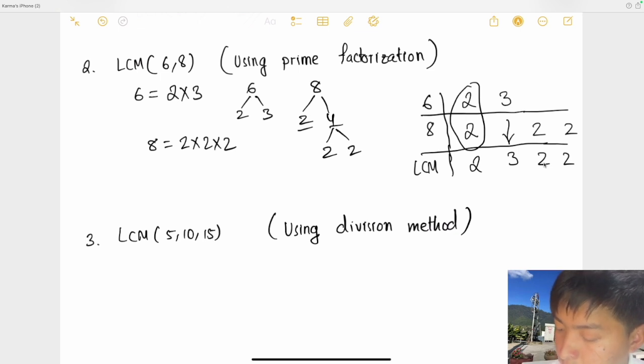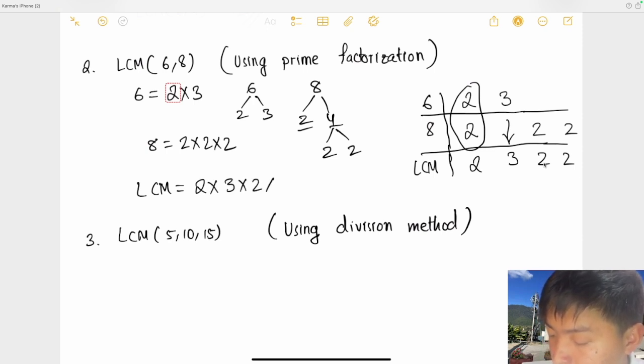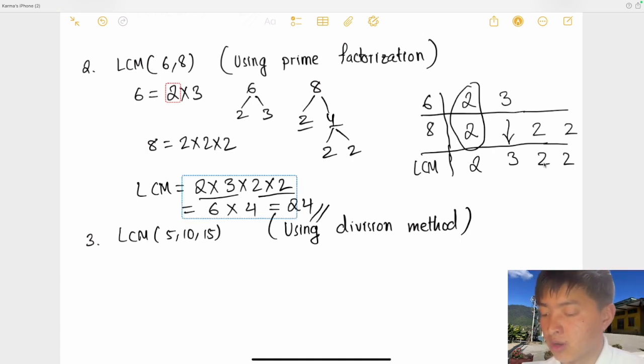So the LCM of 6 and 8 would be 2 times 3 times 2 times 2. Now we know that 2 times 3 is 6, times 2 times 2 is 4, and 6 times 4 is 24. So the LCM of 6 and 8 is 24.